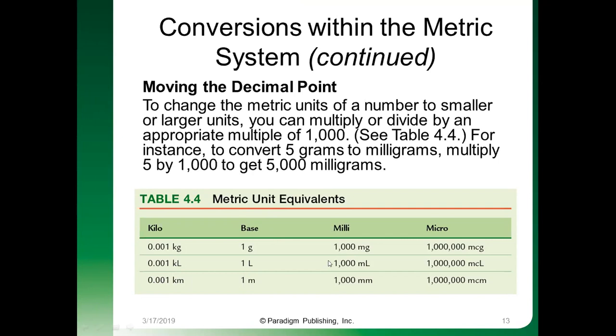Milli would be the 1,000. So that's why we have 1,000 milligrams, 1,000 milliliters, and 1,000 millimeters. Micro, it's 1,000, 1 million.